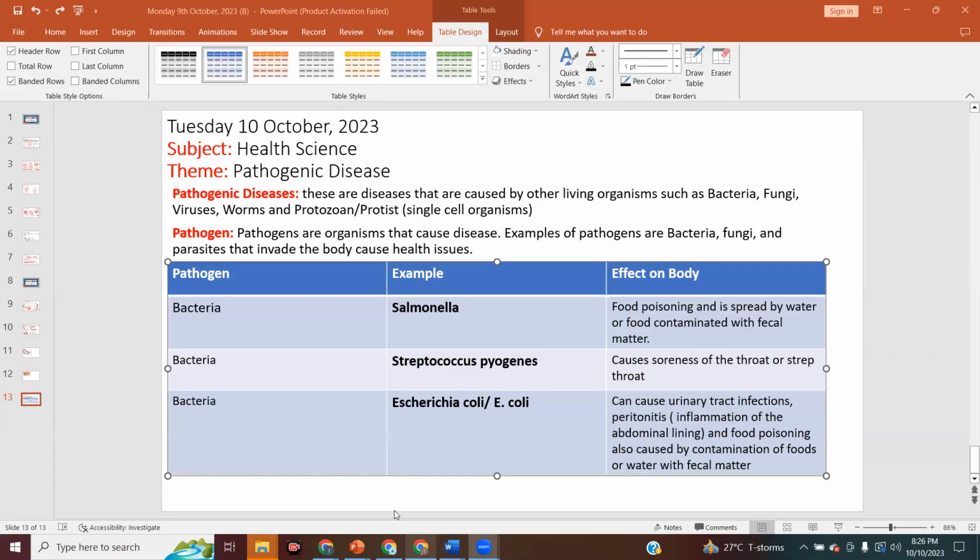Kiajane Bethel, give me an example of a pathogen. An example of a pathogen is fungi. Fungi, very good. Egypt, give me an example of a pathogen.